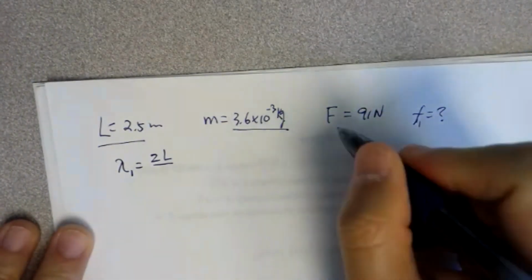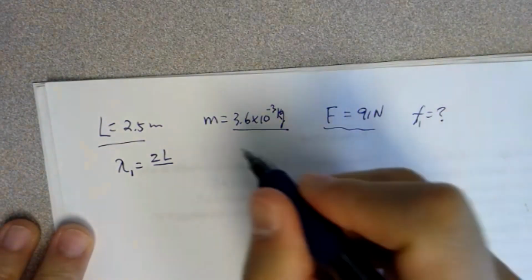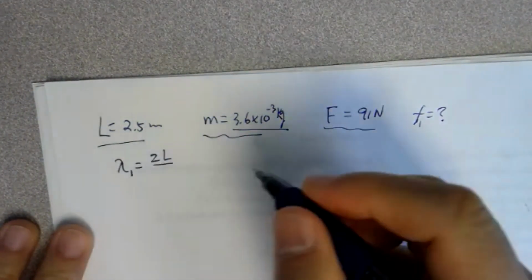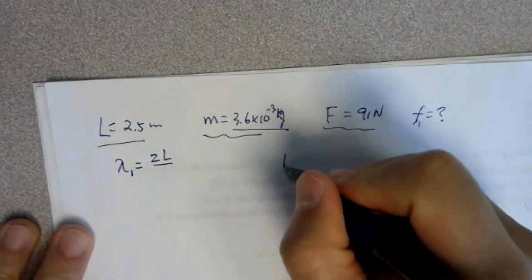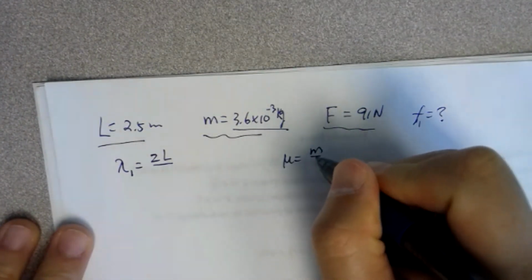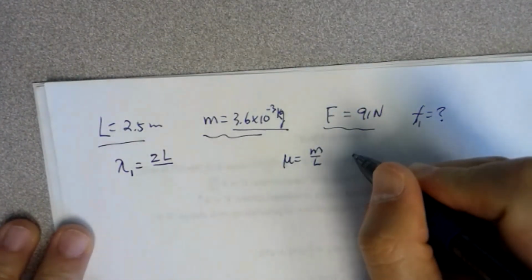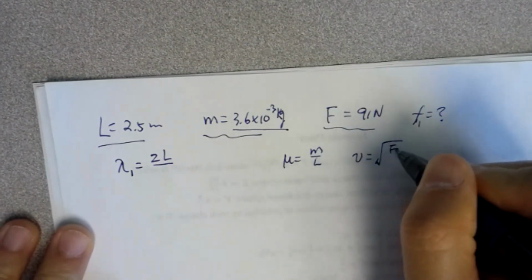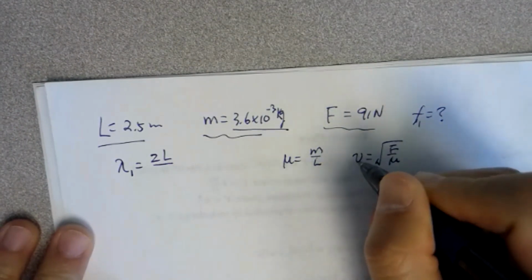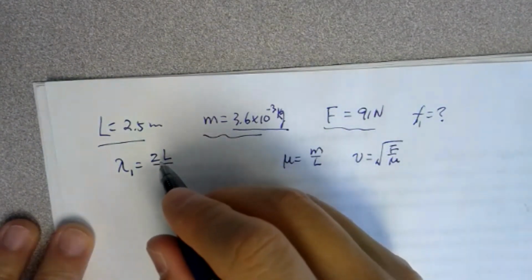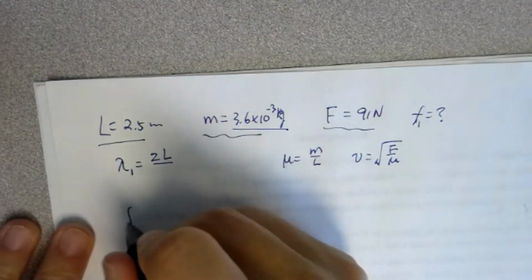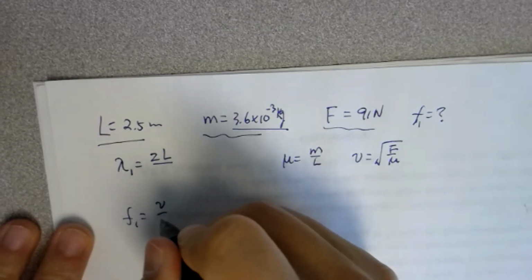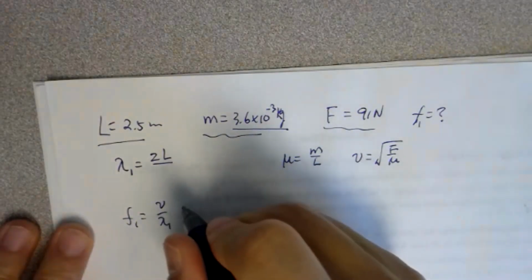And given the tension, the total mass and the length, that will give you the mass density, mu equals m divided by L. Then you can use the equation v equals square root of F divided by mu for the velocity. Once you have velocity, velocity divided by the wavelength will give you the frequency. So f1 equal to v divided by lambda 1, okay?